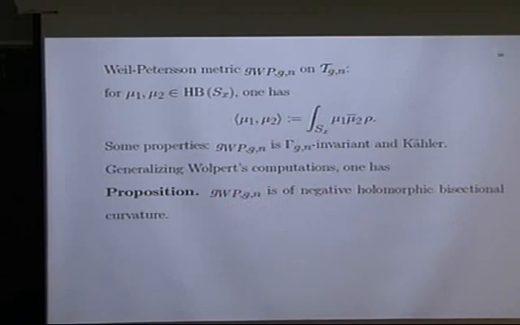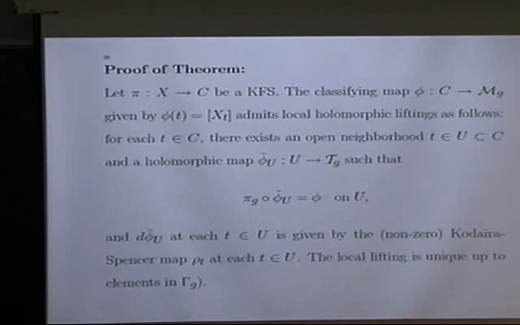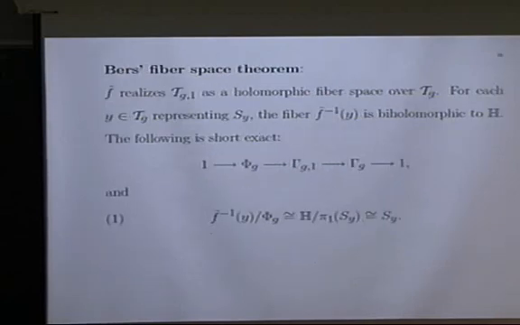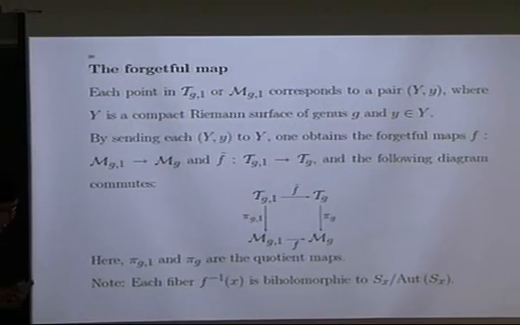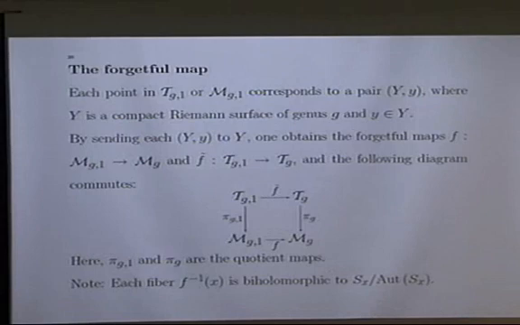And by now you more or less should know how one can construct this negatively curved metric on the Kodaira fibration surface using this Weil-Petersson metric.